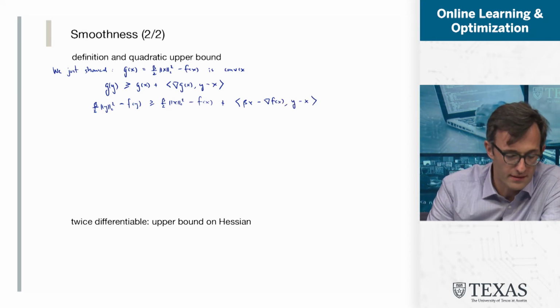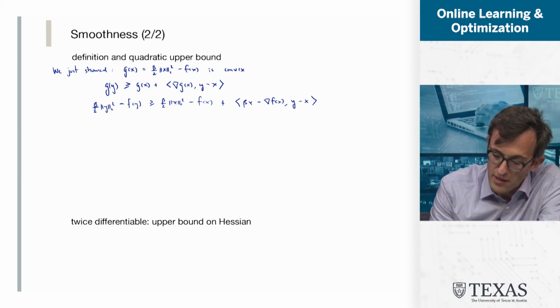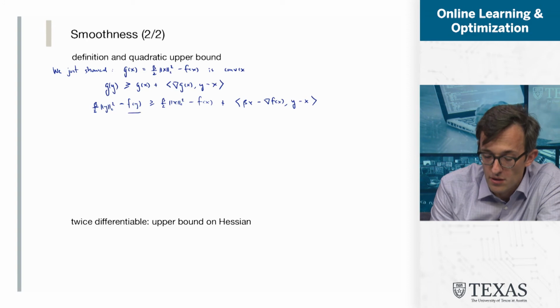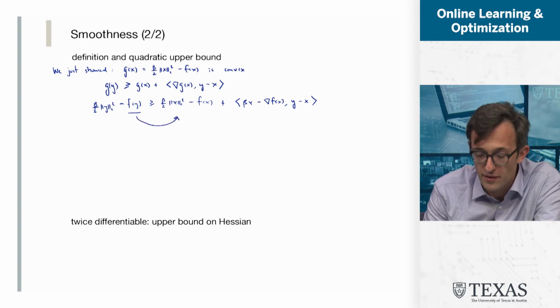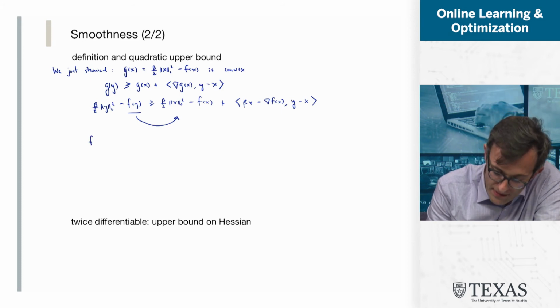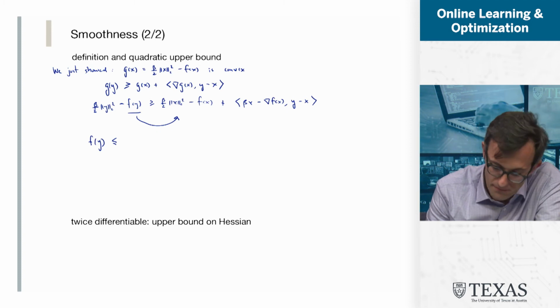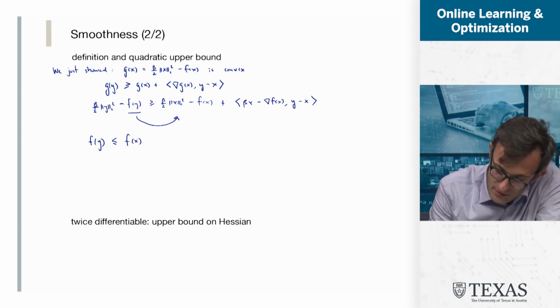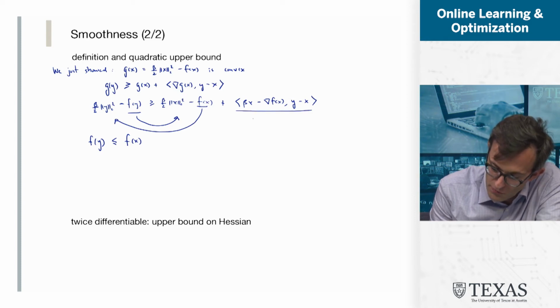We know that this holds. But if we rearrange this, and in particular bring f of y over to the right and bring everything else over to the left, I find that f of y is less than or equal to f of x. Note the sign is going to change because f of x goes over and everything else goes over.